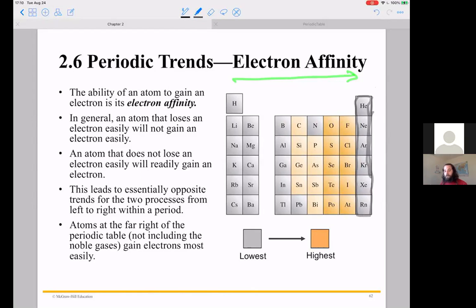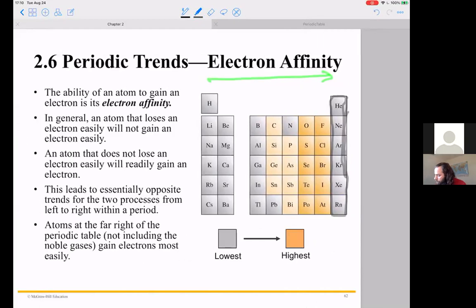That's part of what it means to be a noble gas, and we'll talk a little bit more about this in the next lecture, but they are perfectly happy the way that they are. They don't want to get rid of an electron, and they don't want to accept another electron. So this is the exception to our electron affinity trend. It increases as we go from left to right, as long as we ignore those noble gases.